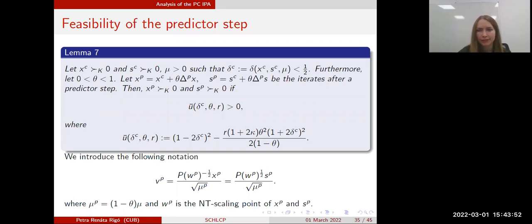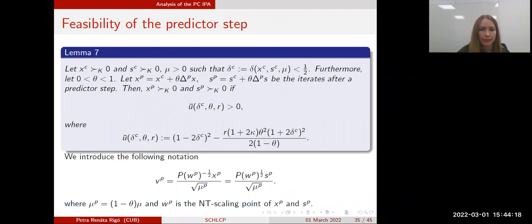This lemma gives a condition for the strict feasibility of the predictor step, but we can see that we have conditions here. The predictor step is strictly feasible if this value of this function is greater than 0, where this depends on theta, delta, c, and kappa, and so on.